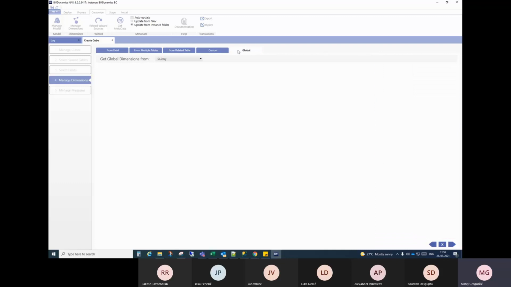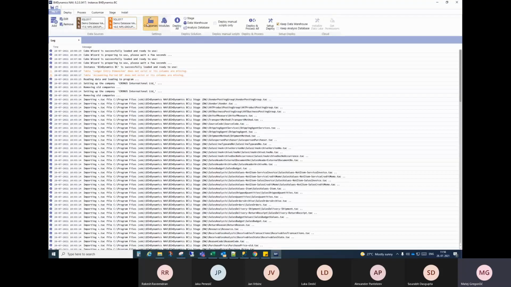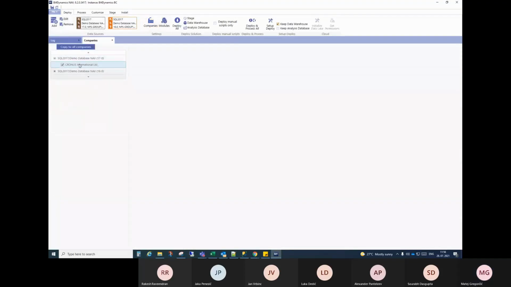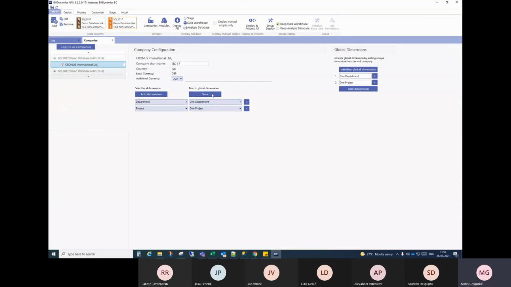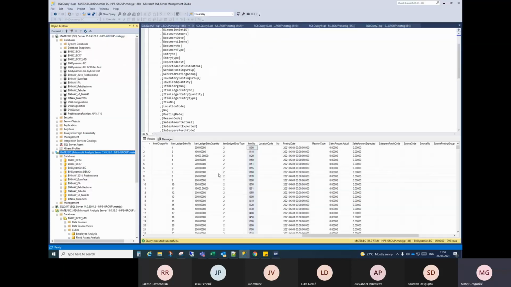And then the last part is global dimensions. Now, remember when we defined the global dimension when we selected the companies? These are the global dimensions. So each transactional table, and let me go into stage here.